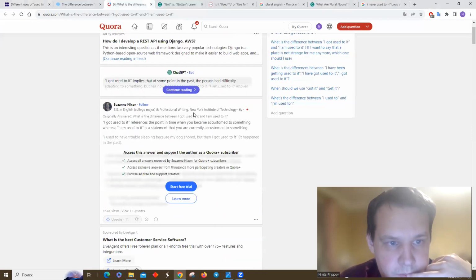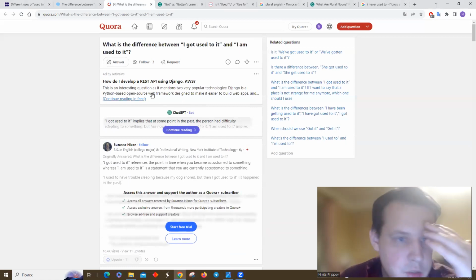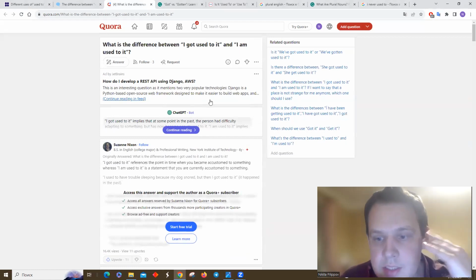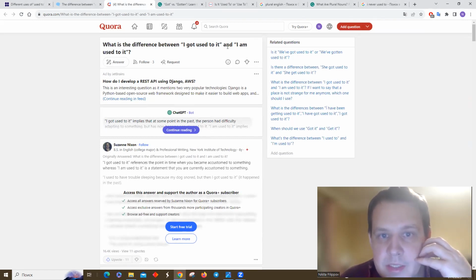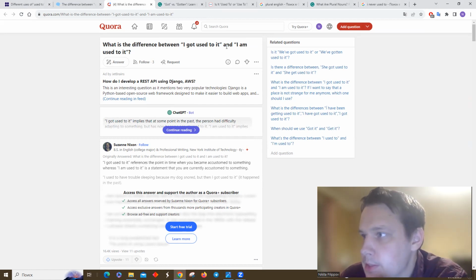And you can try to use them in different tenses. For example, here it is used in past tense. Here it's in present tense. You can also create some phrases like "I'm getting used to it" or "I have gotten used to it," and try to understand the meaning of these phrases.